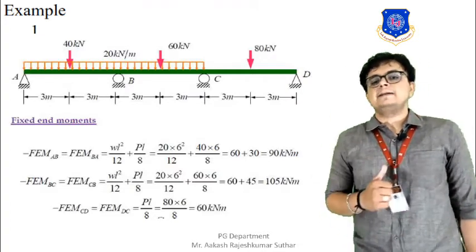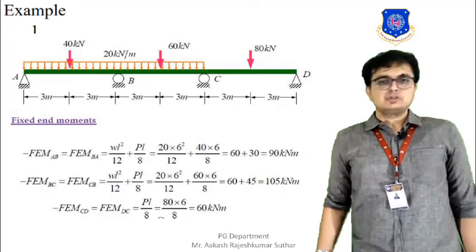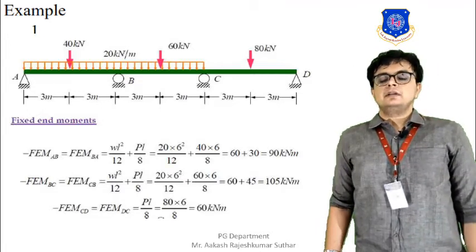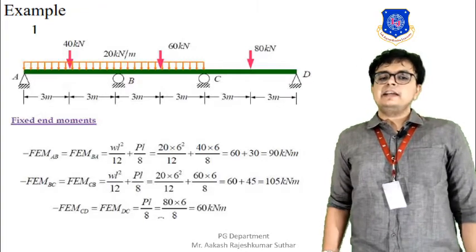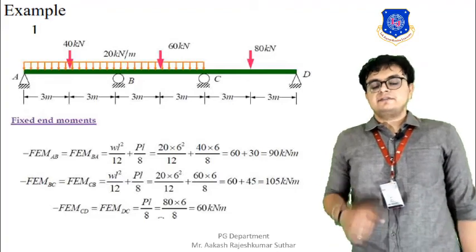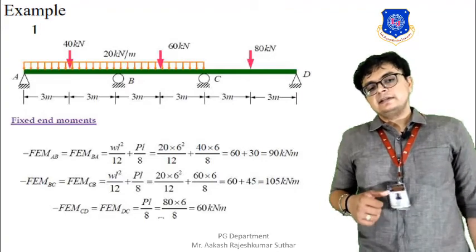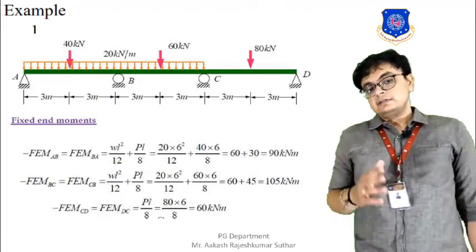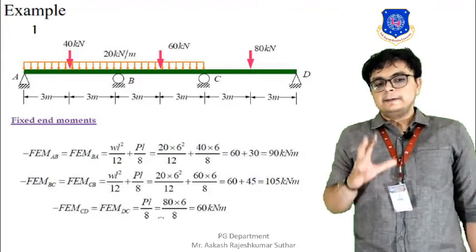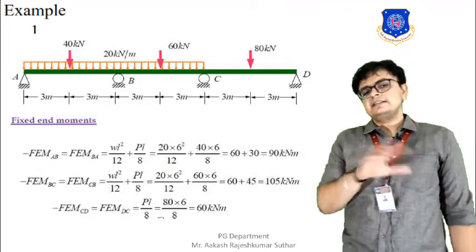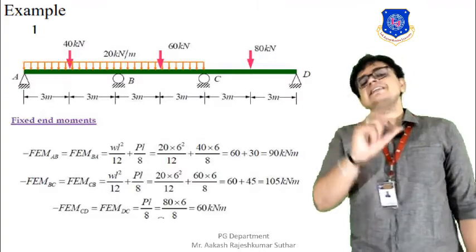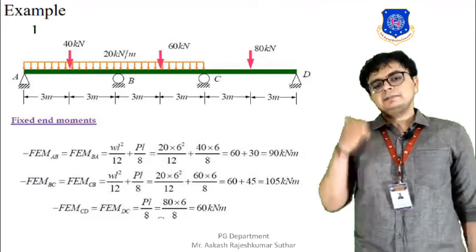For example, now we have to solve it and we have to find the fixed end moments. Okay, so first of all, as per our steps, we have to find the fixed end moment at AB. And first of all, I want to say that in this particular example, symmetry is maintained in span AB and span BC.